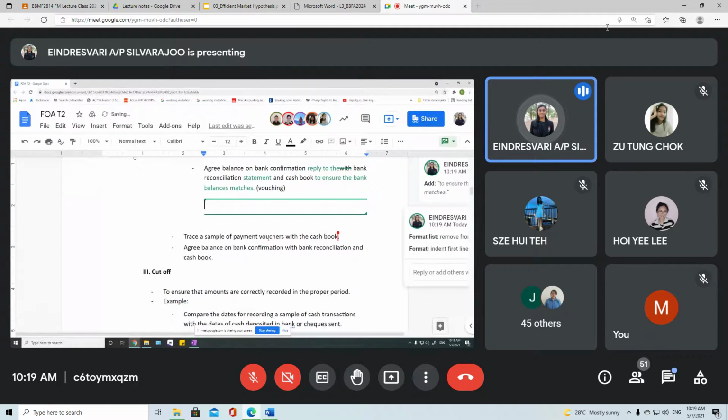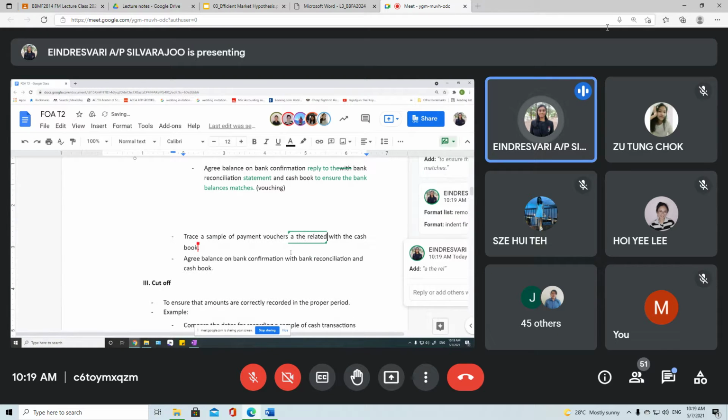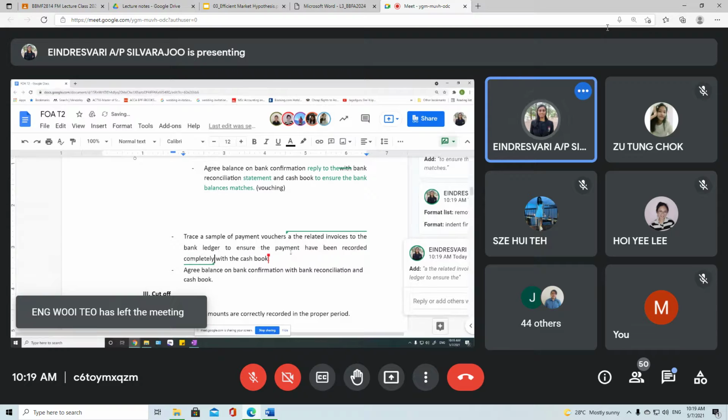Second, trace a sample of payment vouchers and the related invoices to the bank ledger to ensure the payment have been recorded completely.